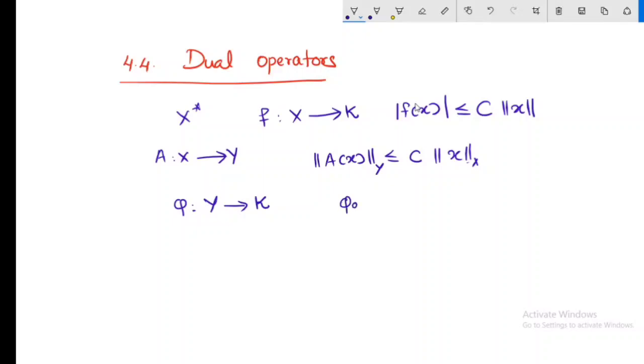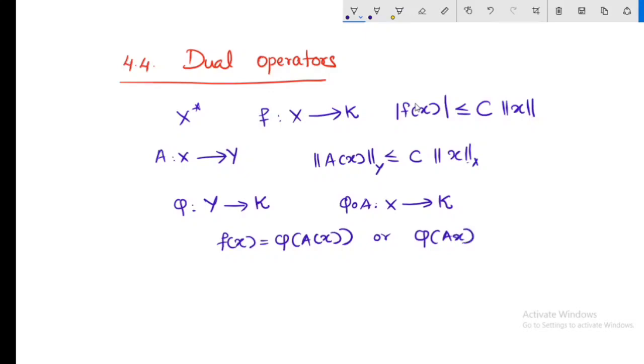Clearly phi composition A is a map from X to K. Now we are going to prove this phi composition A is a linear function. We denote f of x is equal to phi of A of x, or phi of Ax.